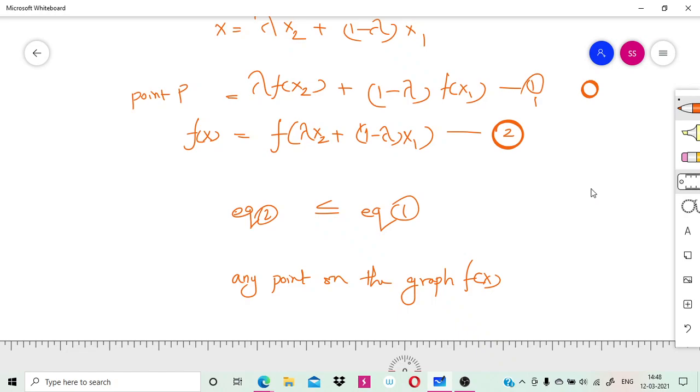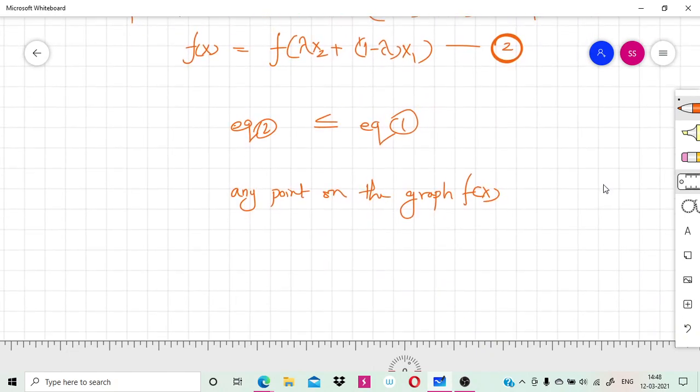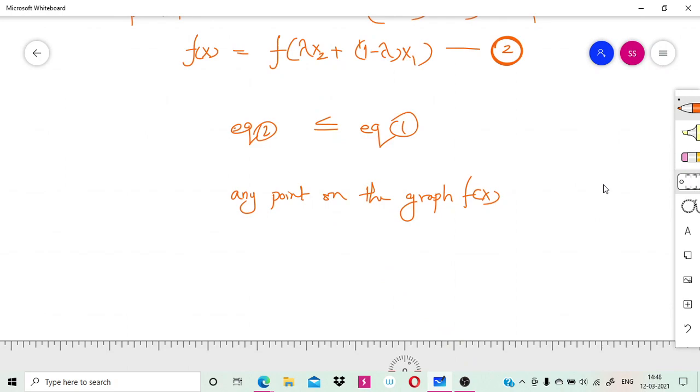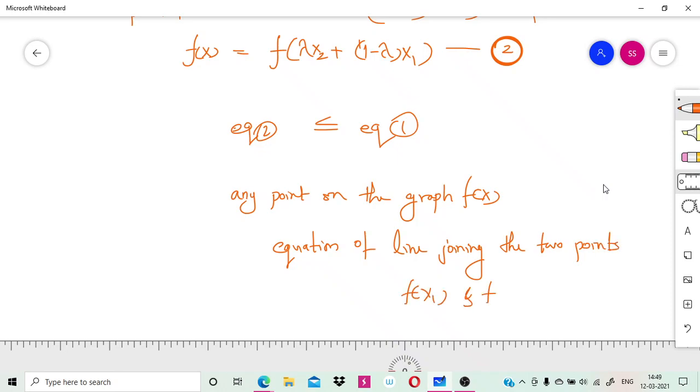And equation 1 is the point P, that is, in general, the equation of the line joining the 2 points f of x1 and f of x2.